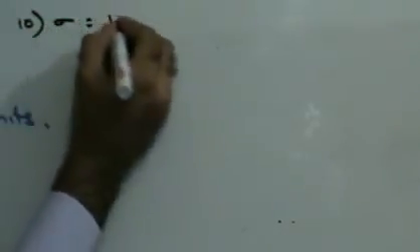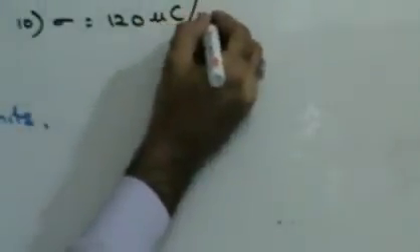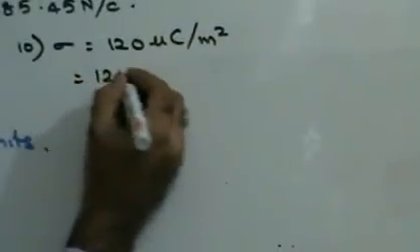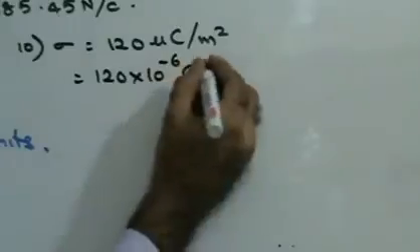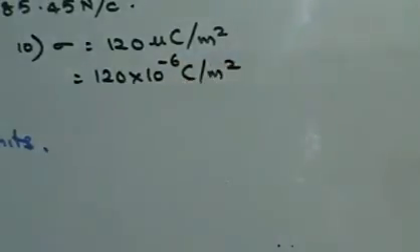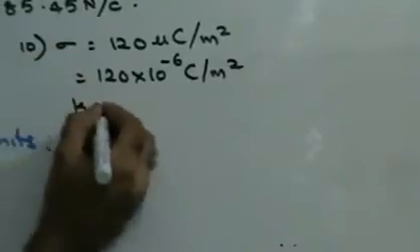Next, take our next one please. A conductor having a charge density of 120 microcoulombs per meter square is kept in a dielectric of constant 3.